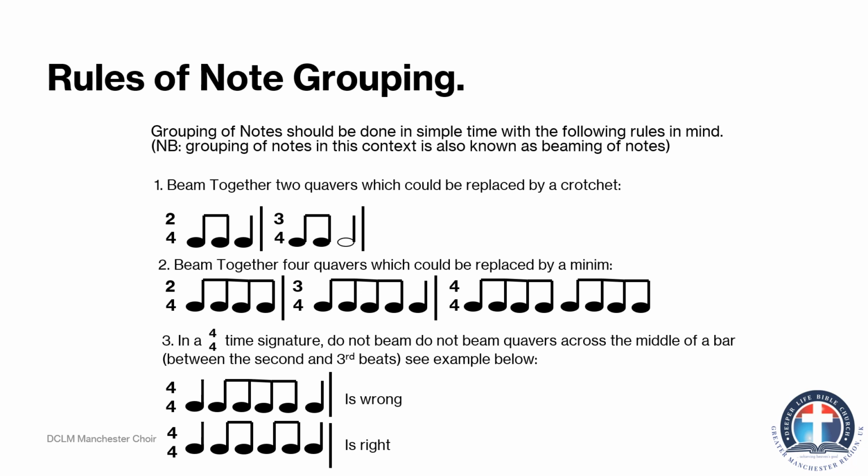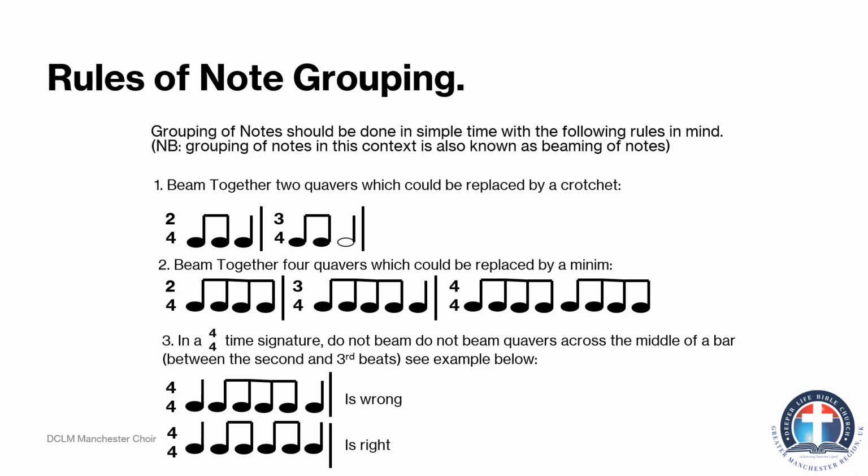Please take note that when we talk about grouping of notes, we also mean beaming notes together in this particular context. Like you can see in item number 1, you know your quaver notes. When you have two quavers separately, you can beam them together the way you can see in the first example.